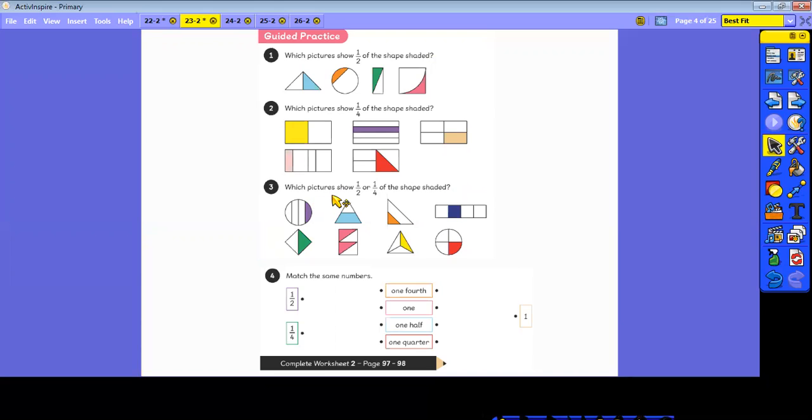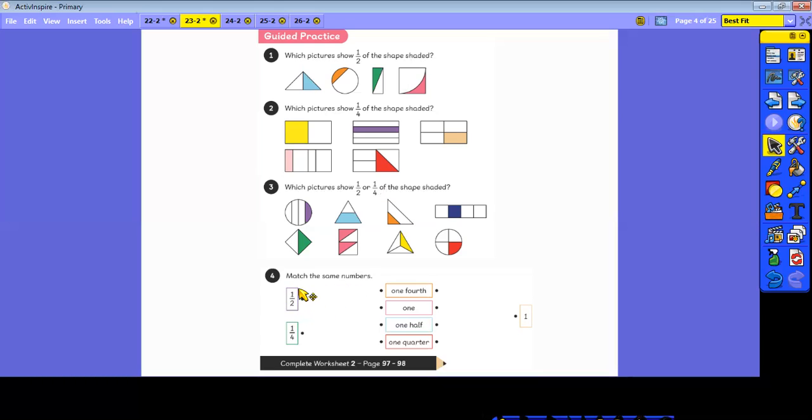Question 3, which pictures show 1/2 or 1/4 of the shape shaded? So this time, again, have another good look. 1 part out of 2 equal parts, or 1 part out of 4 equal parts shaded. And then finally, match the same numbers.